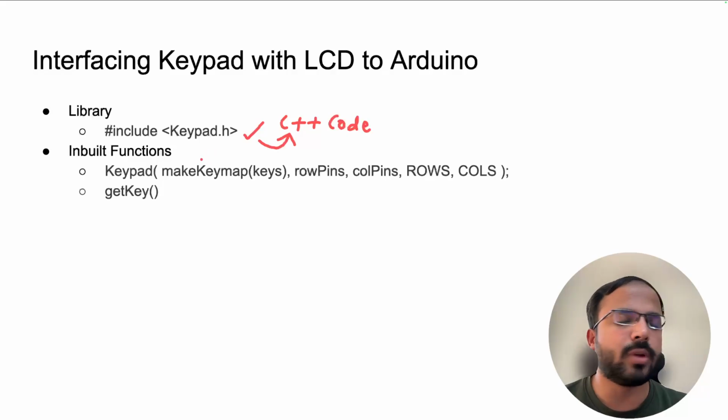There are basically only 2 to 3 important functions which we should know. First is make key map. Once you have declared the library, we will make an object of type keypad.